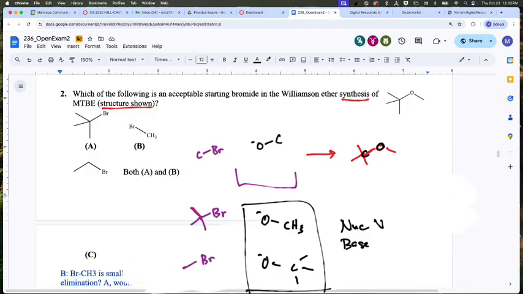We want them to act as a nucleophile. Could they act as a base? Yes. If I acted as a base and removed that hydrogen for this bottom one, how would I stabilize that structure? It wouldn't be stabilized at all, which means can it act as a base? No. How about in the top case?